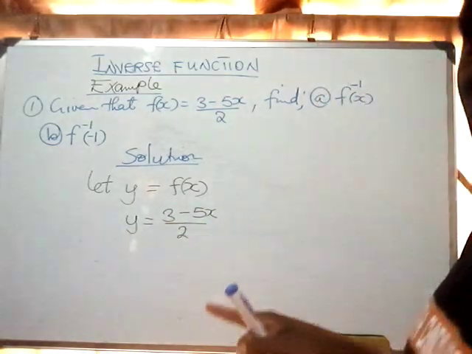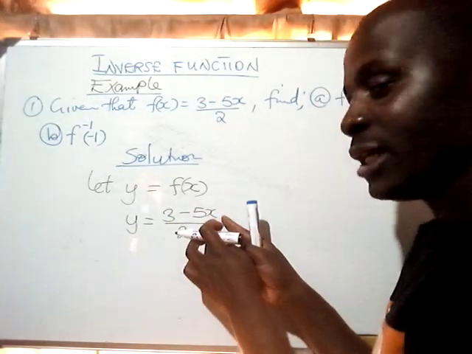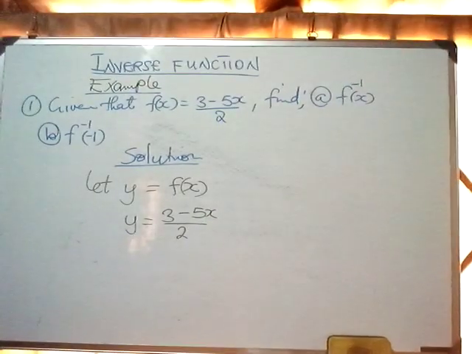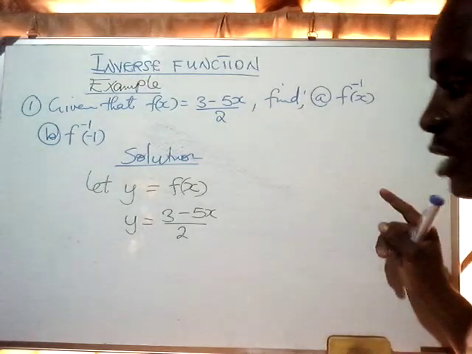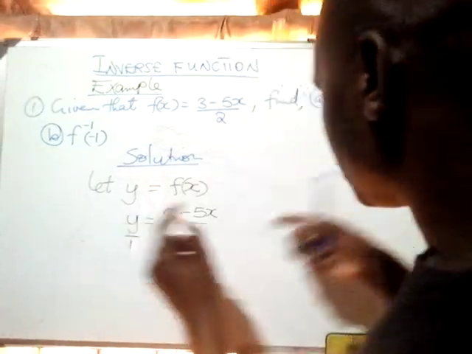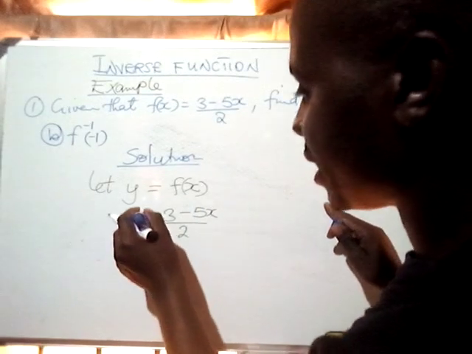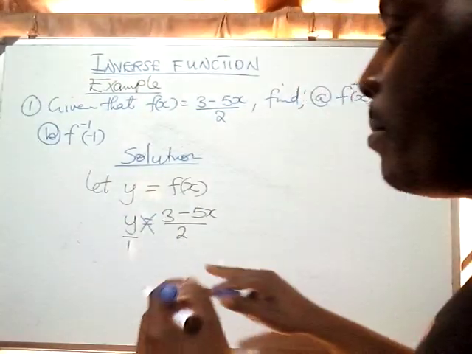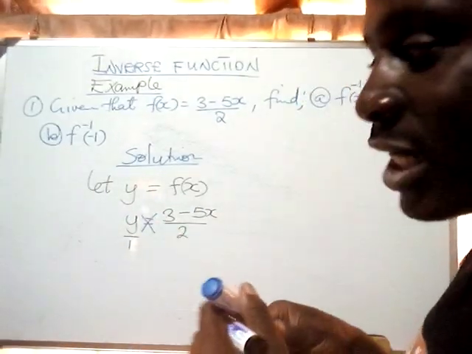Now in this case, we have to make x the subject of the formula. So we are going to cross multiply so that we get rid of the fraction.